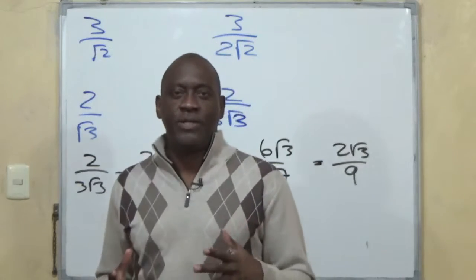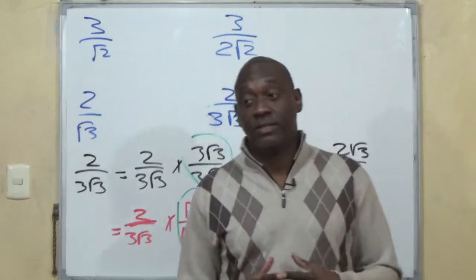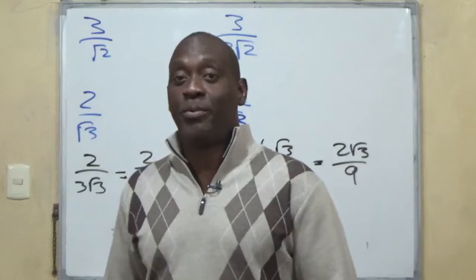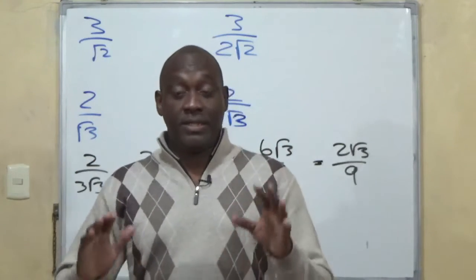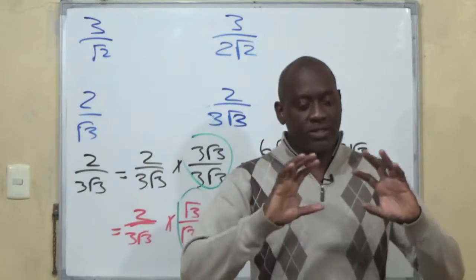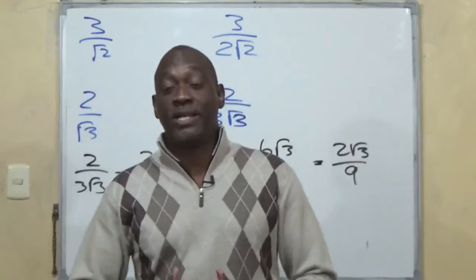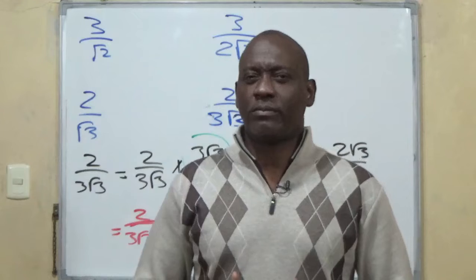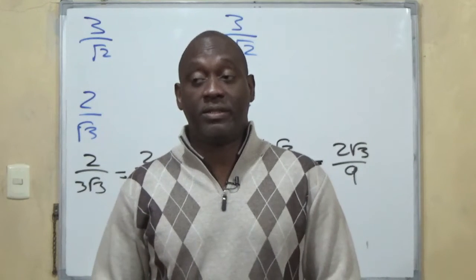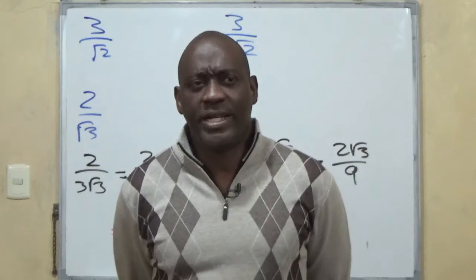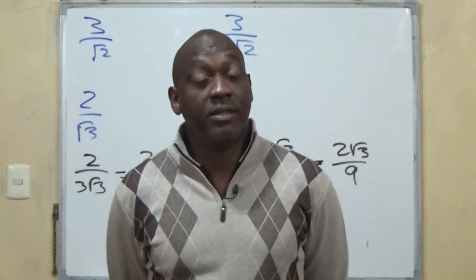So we're continuing our discussion of surds, but we have to pause along the way. We're going to dedicate a whole video just to discussing the concept of what we refer to as the conjugate, the conjugate of a surd. Very important concept. Now, the conjugate in mathematics is not limited to surds alone.